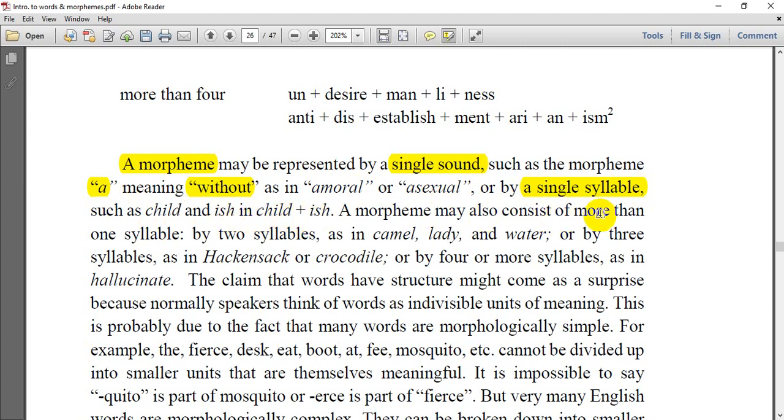A morpheme may also consist of more than one syllable, for example two syllables, as in camel, lady, and water, or three syllables, as in Hackensack or crocodile, or four or more syllables, as in hallucinate.